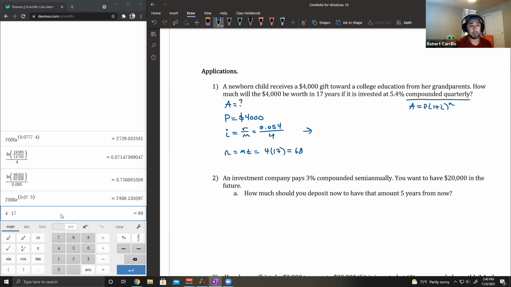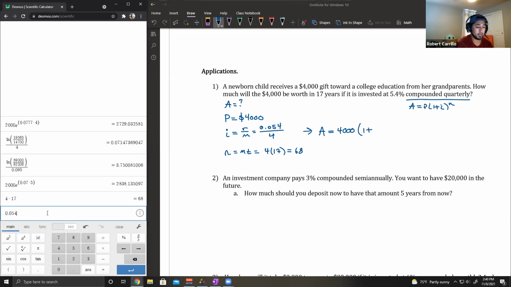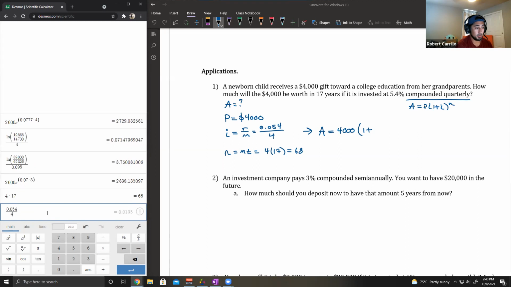And now put it all together. A equals 4,000 times 1 plus i. Let's see, 0.054 over 4. That's a nice number. We could use that. So hang on, let me erase that because it'll make typing it in your calculator a lot easier.